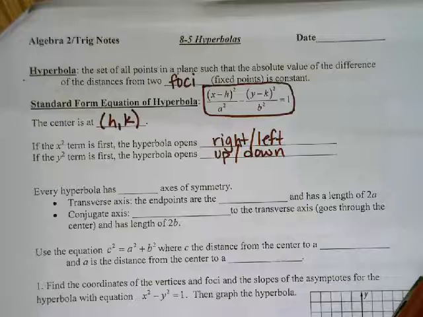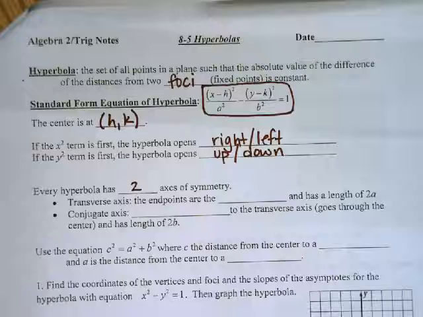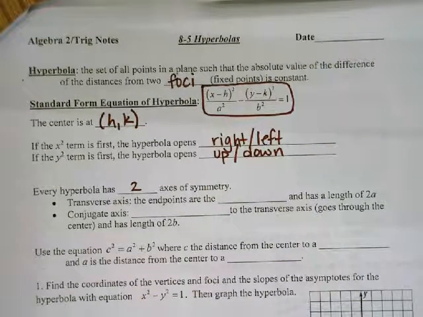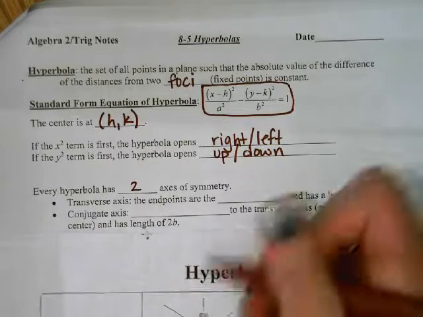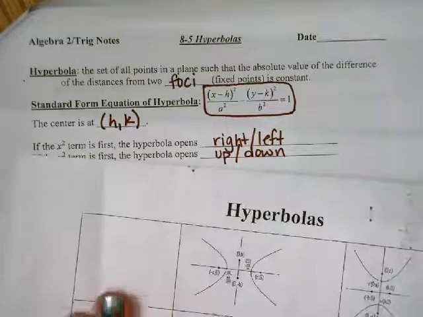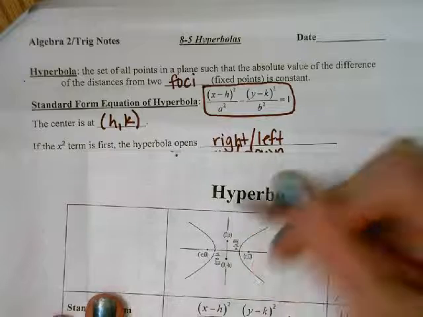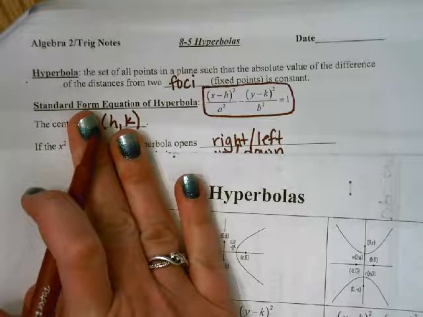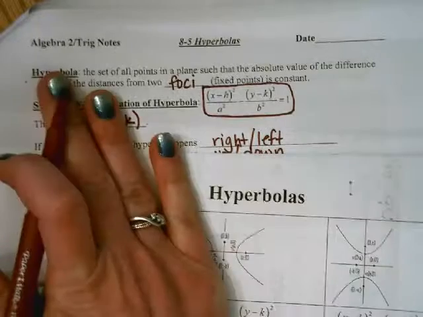Okay. Every hyperbola still has two axes of symmetry. I'm not going to make you memorize what they are, but I just want you to know that it still has two. When we take a hyperbola, we can fold it this way, and my two parabola halves would line up on top of each other, one parabola on top of the other one.